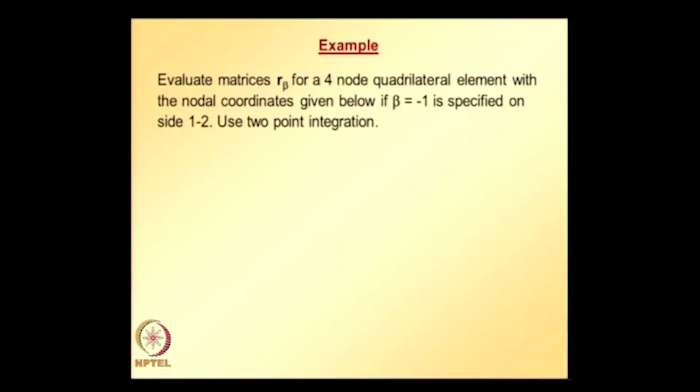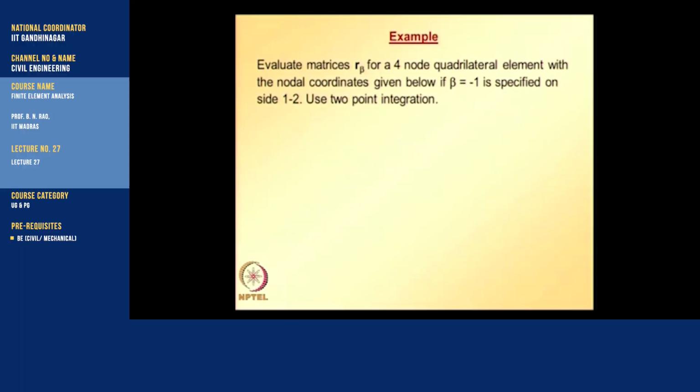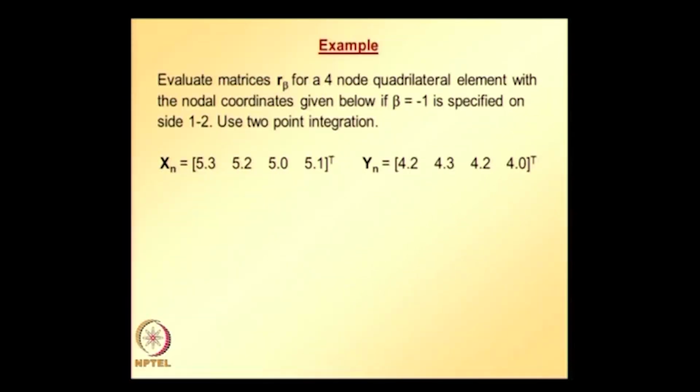So, now let us take an example: evaluate r beta for a 4 node quadrilateral element, where beta is given as -1, and the coordinates of all nodes for this 4 node quadrilateral element are given here, and use 2-point integration. So, these vectors of nodal coordinates are required because we need to find the isoparametric mapping, to find the relationship between d capital S and d small s.